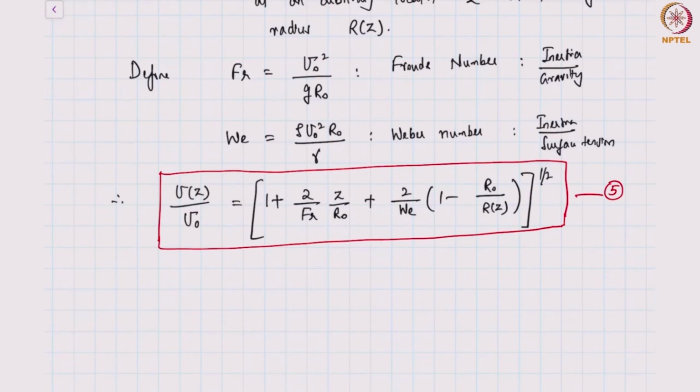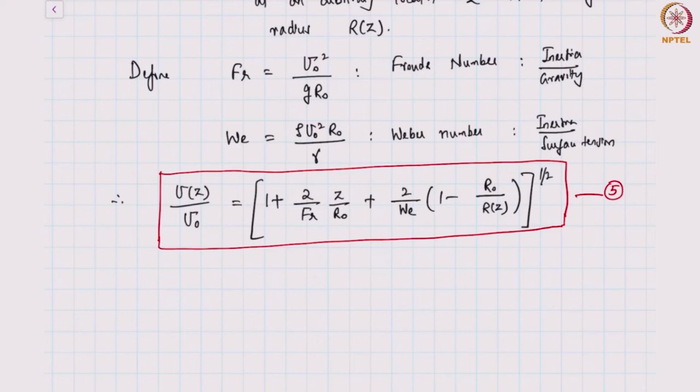Now, to get velocity at any arbitrary location, I need to know the radius at that location, which means that I need another relationship. So what have we not used? We have applied Bernoulli's equation, which either comes from the mass, momentum, or the energy equation. We still haven't used one more important equation, which is the mass balance.